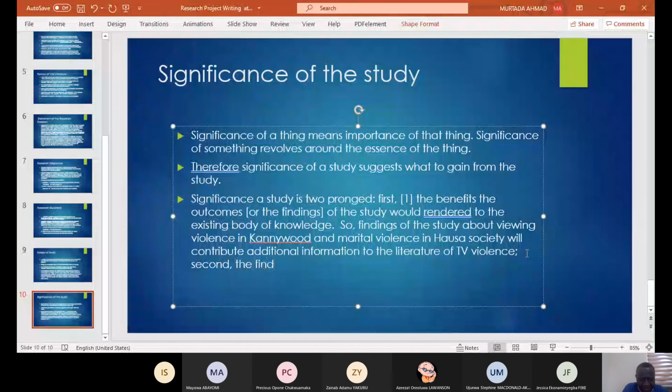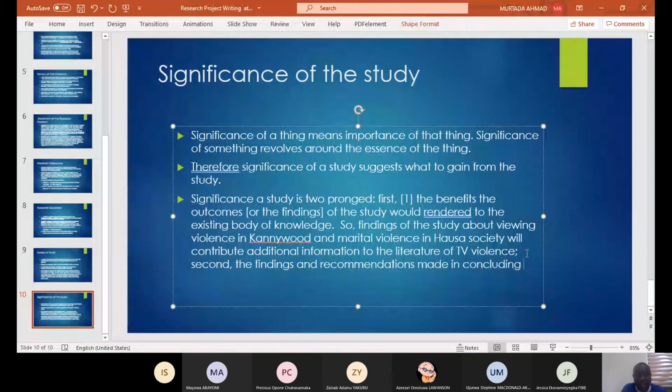The finding, the recommendation given, or stated, or made in the concluding part of the study.